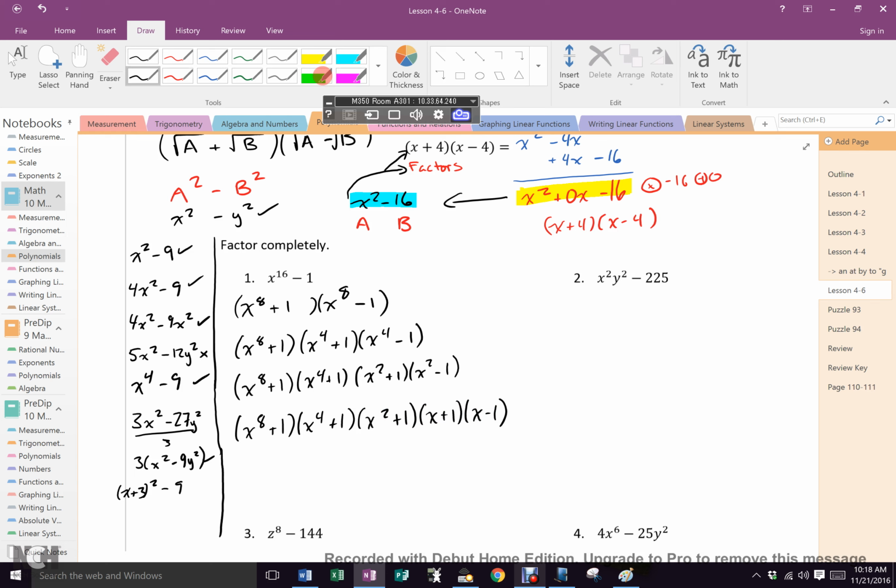Now am I done? Yes. Because these guys are plus, plus, plus, and this guy doesn't have a square root. Plus. Everybody good? I put that one first because that's the one that makes you have to see the pattern the most times.